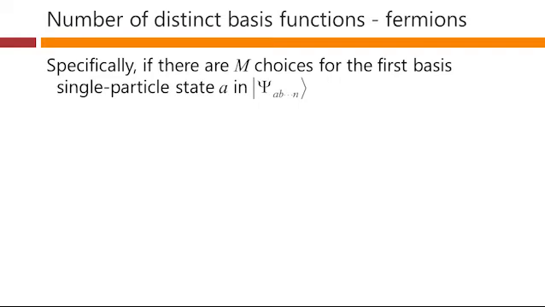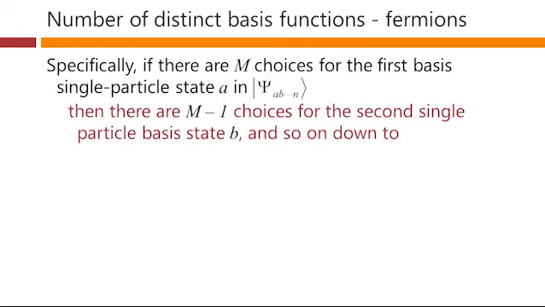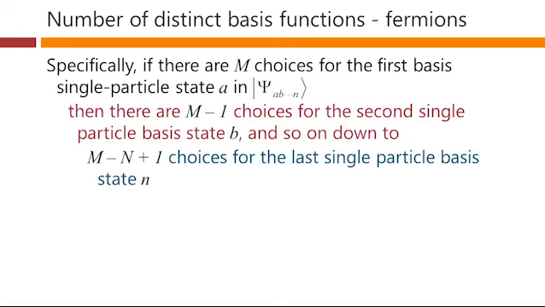Specifically for fermions, if there are m choices for the first basis single particle state A in this overall n-particle basis state, then there are m minus 1 choices for the second single particle basis state B, because we can't put 2 fermions in the same state, and so on down to m minus n plus 1 choices for the last single particle basis state n.